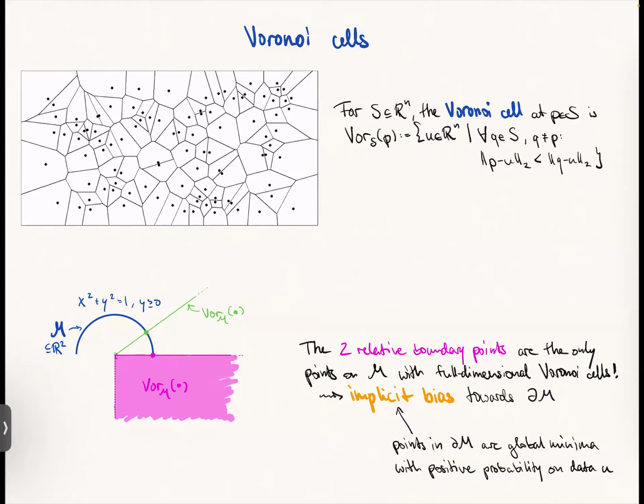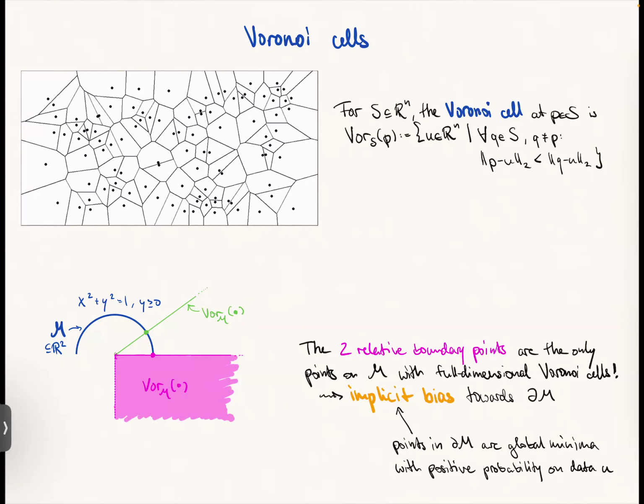Then the two boundary points are the only ones with the property that, with positive probability on the data, they would be the global minimum. So there would be global minima more often than at any other fixed point, and not just more often, but with non-negligible probability. Every other fixed point is the global minimizer with probability 0, for the most reasonable probability distributions.